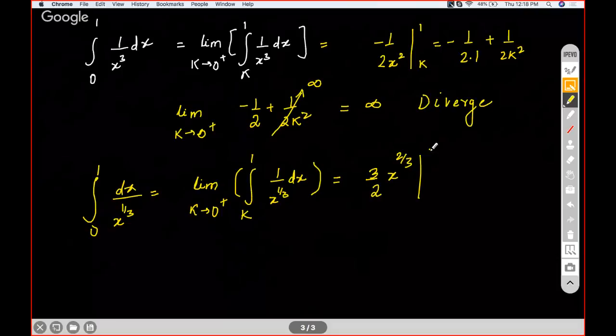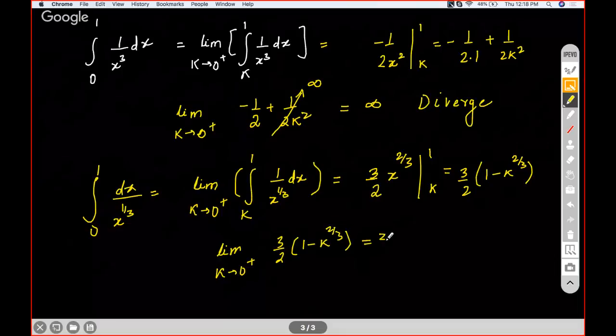So that will become 3 by 2, 1 minus k to the power 2 by 3. Correct? Now, as the limit k tends to 0 plus, the answer for this will become 3 by 2. And now you can see it is converging here. It converges here.